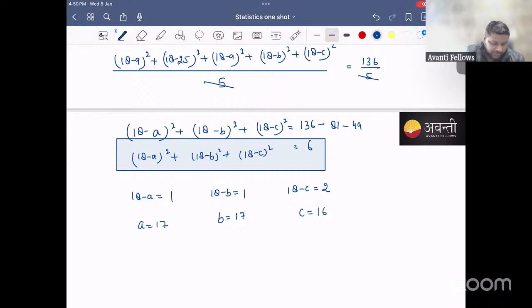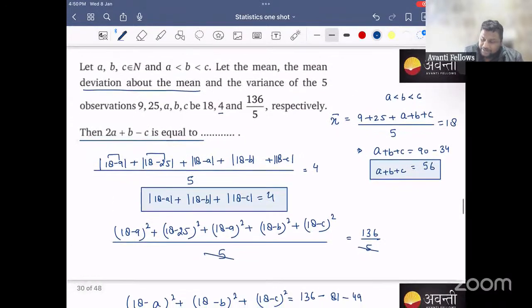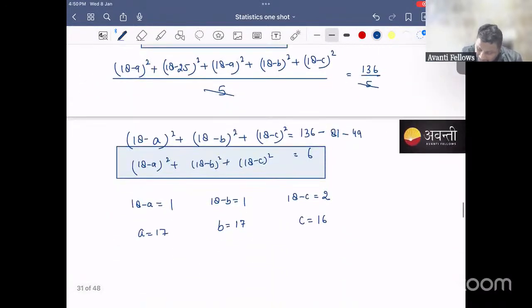Now in the question, they are saying A greater than B greater than C. That means 18 minus B has to be minus 1 and 18 minus C has to be minus 2. Understood? So with this data, we can say that B will be 19 and C will be 20.